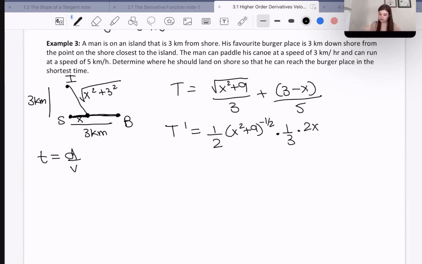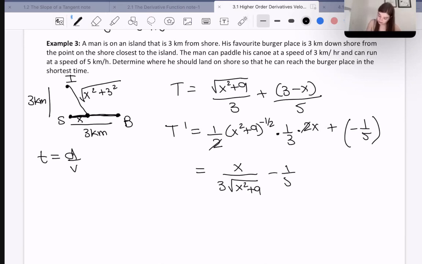The 3 just kind of stays there. And then for this next part, it's going to be plus negative a fifth. And then we can actually cancel those out. So we're going to end up with x over 3 root x squared plus 9, subtract 1/5.